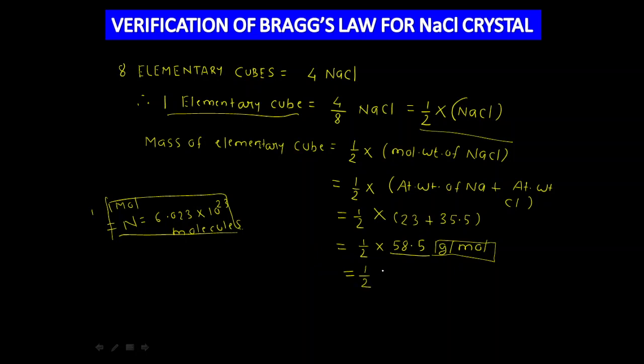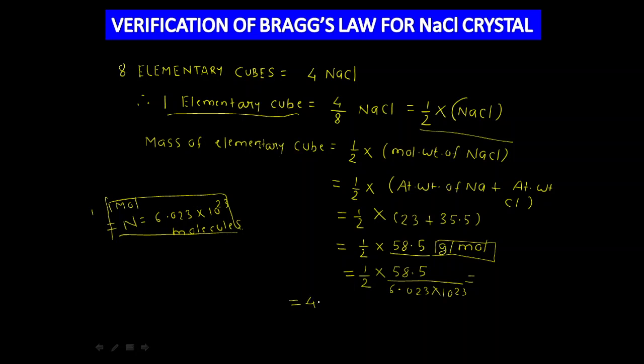So half into 58.5 divided by 6.023 into 10 to the power 23. If we divide this, after the calculation we'll get the mass of one elementary cube.